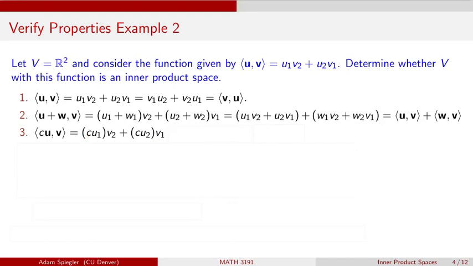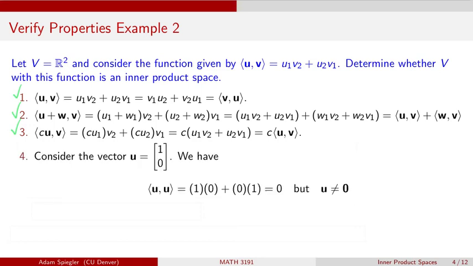And now I have a c being multiplied into both of those terms, so we could factor it out. And now we have exactly c times the inner product of u with v. So far, so good. We've got a check mark for property 1, 2, and 3. We've got one more property to go.